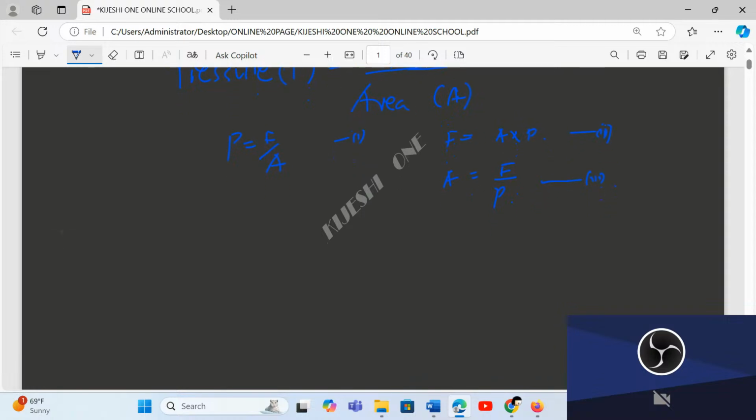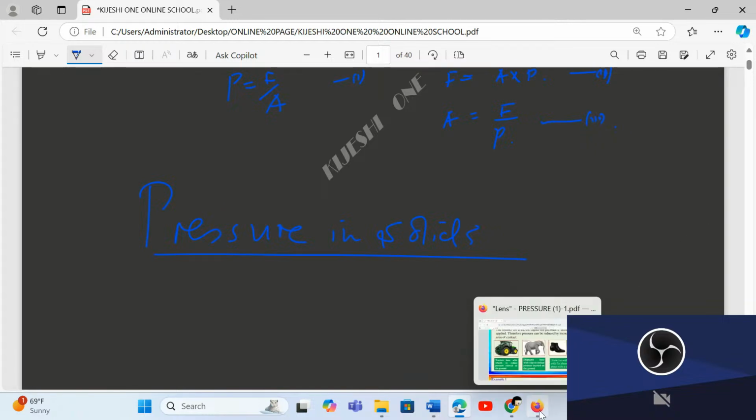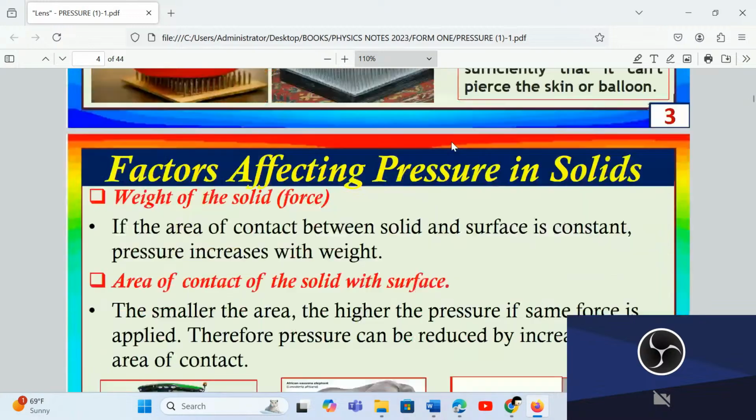Let's look at pressure in solids. We have the thing to do with the weight of a solid. In this case, I'm going to share the slide notes so that you may see.